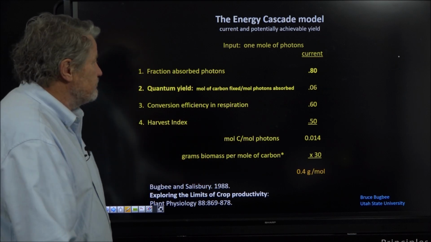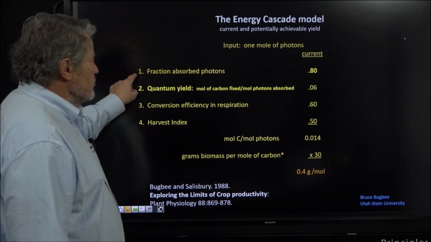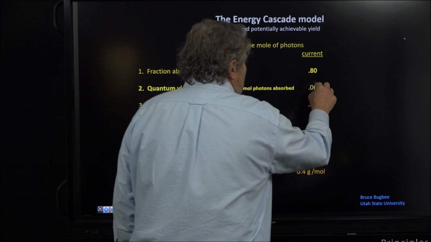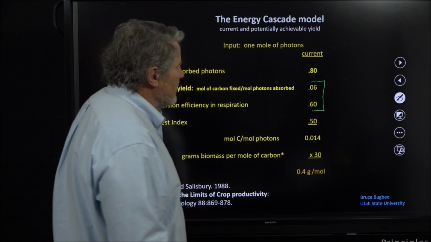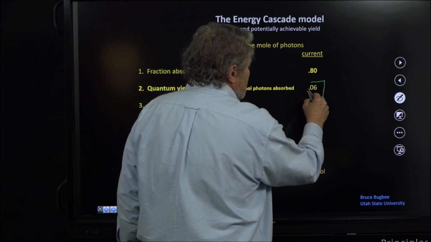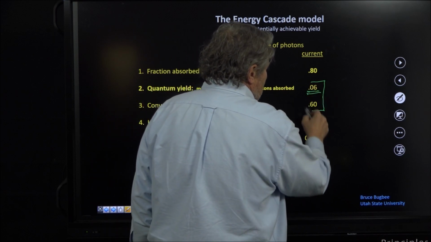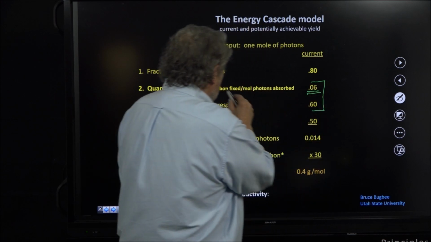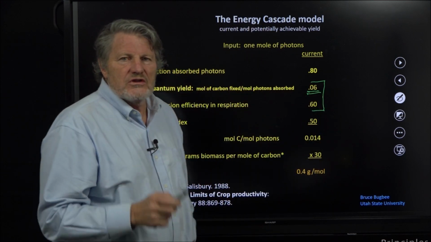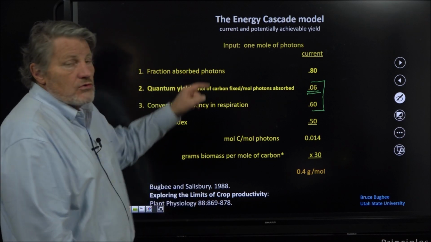Here's the model. Here are our two parameters that we're talking about. In this typical case, I'm using 0.06 because at higher light levels, we get a little lower quantum yield. But the very first step in this model is fraction of absorbed photons.